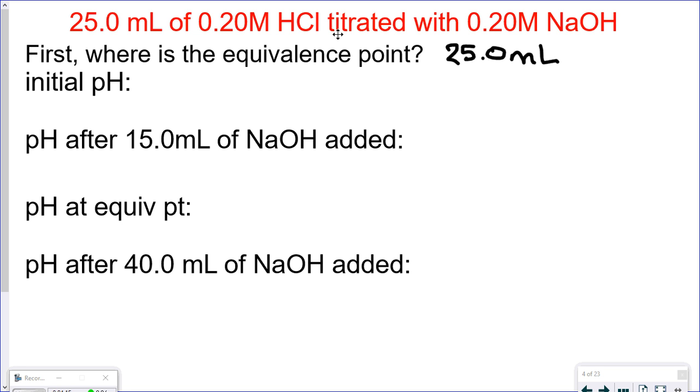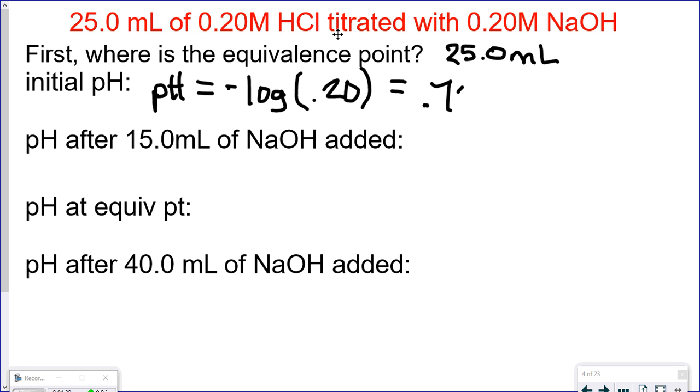So our pH is equal to the negative log of the 0.20 because that will be the concentration of our hydrogen. And that will give us initial pH of 0.70. So that's where our titration will actually start. That will be the beginning of our curve.